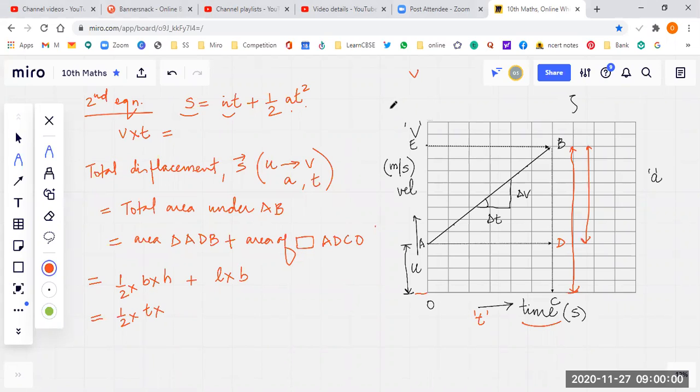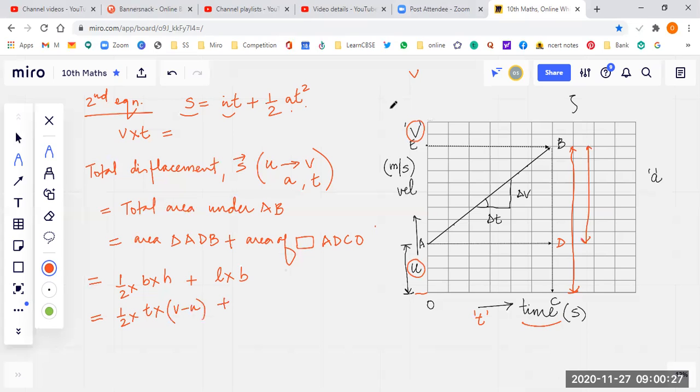What is EO? EO is final velocity v. And what is AO? Initial velocity. So h is equal to v minus u.